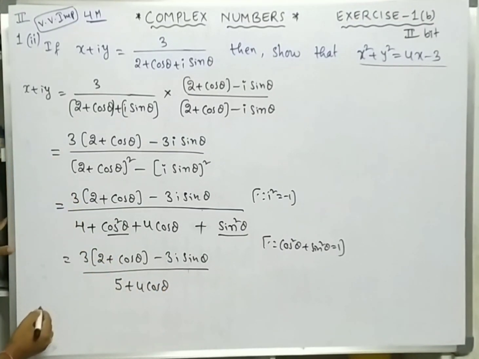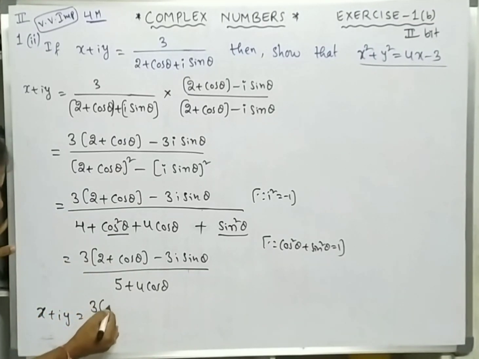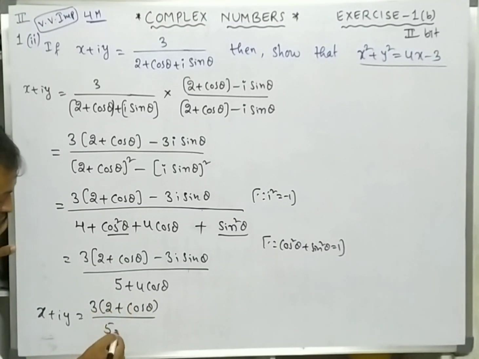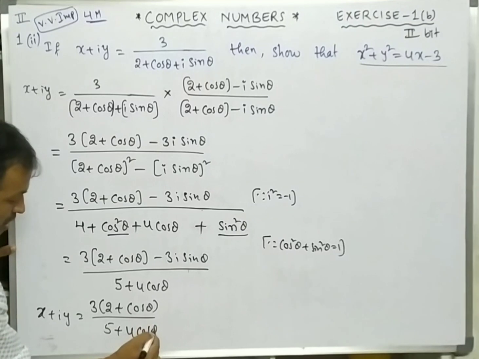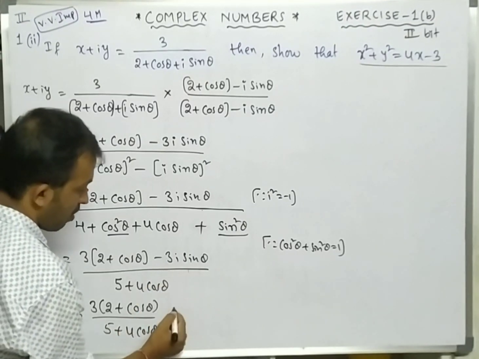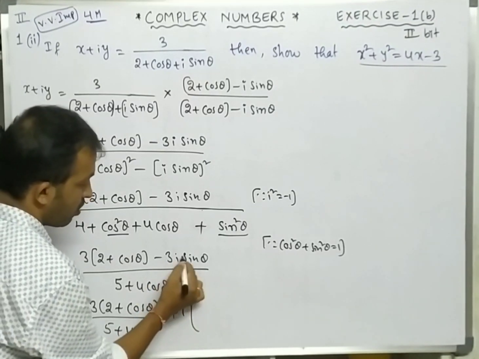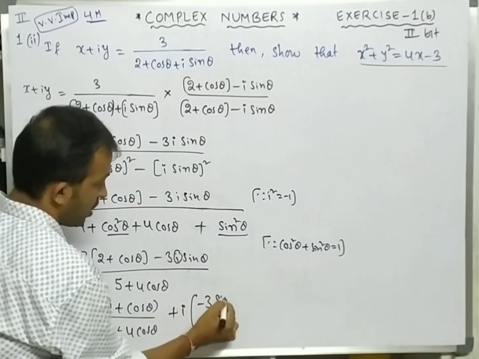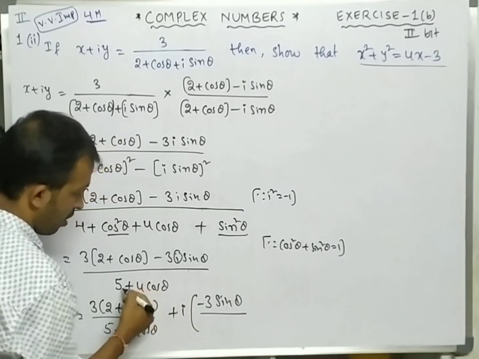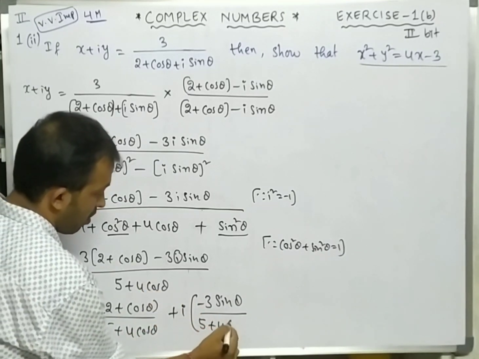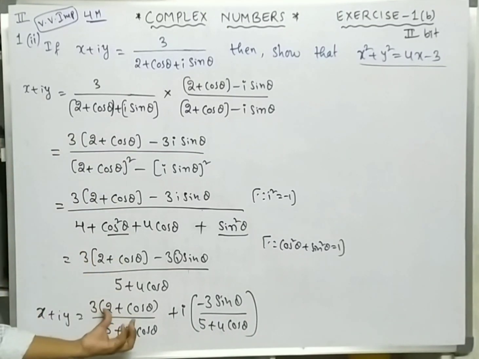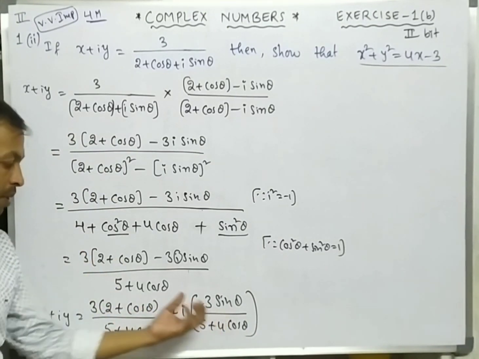So now finally split it: x plus iy is equal to 3 into (2 plus cos theta) by (5 plus 4 cos theta), plus i into minus 3 sin theta by (5 plus 4 cos theta), applying the denominator to the imaginary part also. The first is the real part and this is the imaginary part.